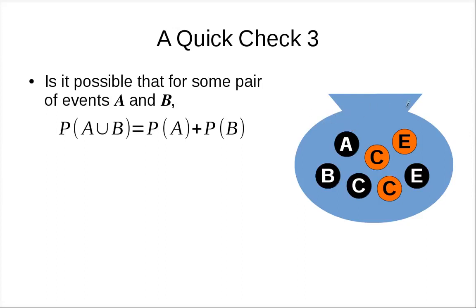For example, if you have the event A be the subset of black balls, okay, and event B is the event that you pick an orange ball. Okay, so the probability of the first event is 4/7. The second one is 3/7, and you sum it up is 1.